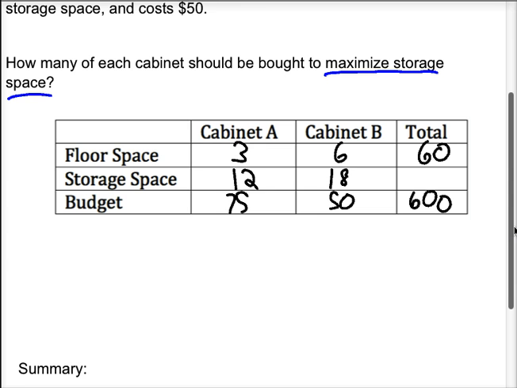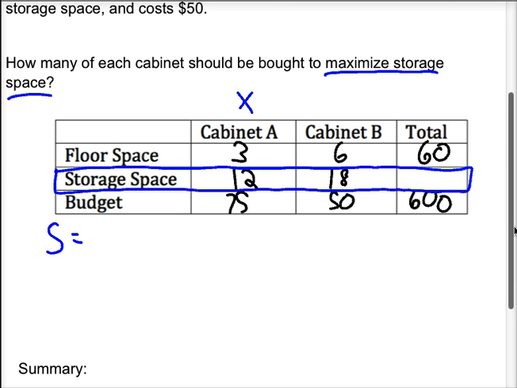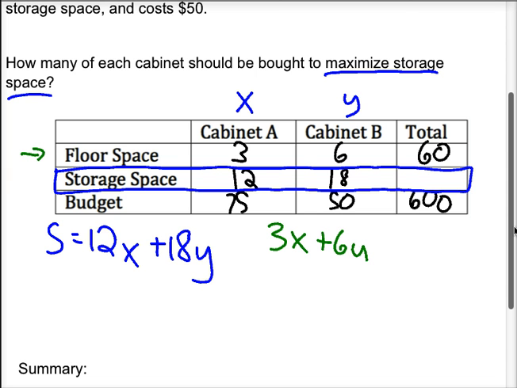So that tells me that this storage space is my objective function, because that is what I'm trying to maximize. So 12 for the x and 18 for the y, that's how I'm going to calculate the total storage space that I'm getting. That is what I'm trying to maximize. Everything else becomes a constraint. So 3 for every x, 6 for the y's.